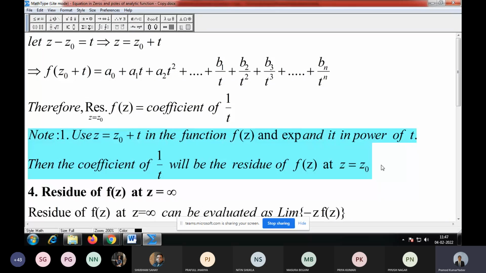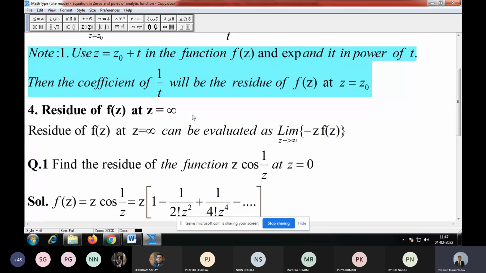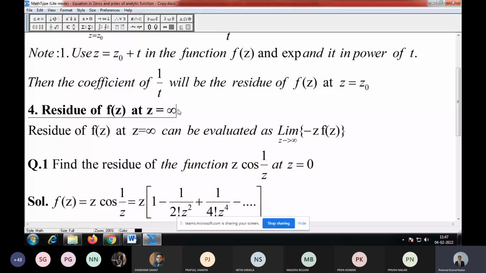If anyone asks to find the residue at z equal to 2, just use z equal to 2 plus t in the function, expand that, and then the coefficient of 1 upon t will give us the residue of the function at z equal to 2. Already we have discussed the residue of f(z) at z equal to infinity.